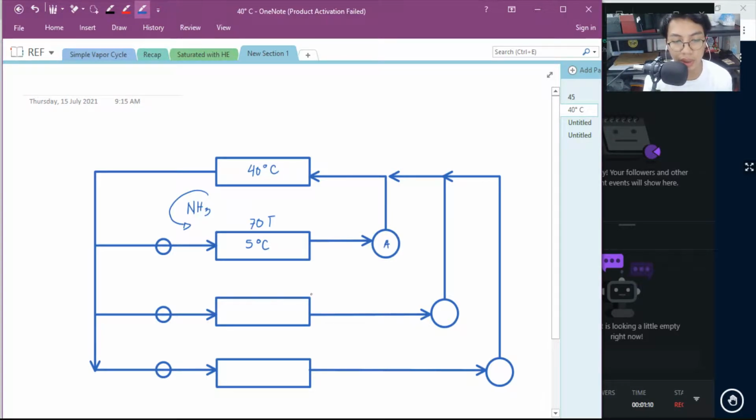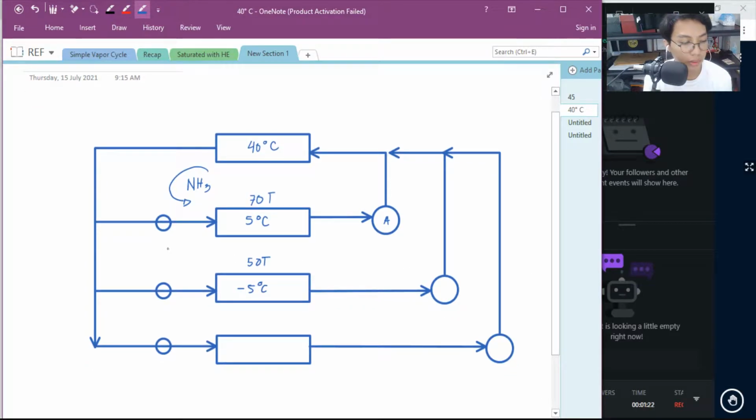We name that as compressor A. You have a negative 5 degrees Celsius evaporator with 50 tons of capacity. This is expansion valve A, expansion valve B. And your final evaporator is at negative 10 degrees Celsius. And that is 60 tons in capacity.